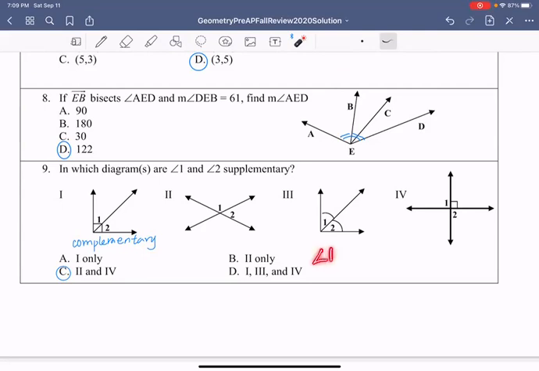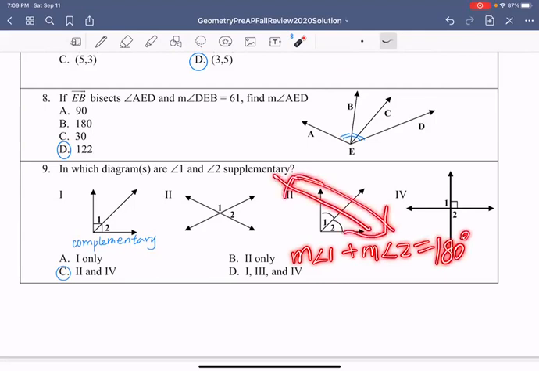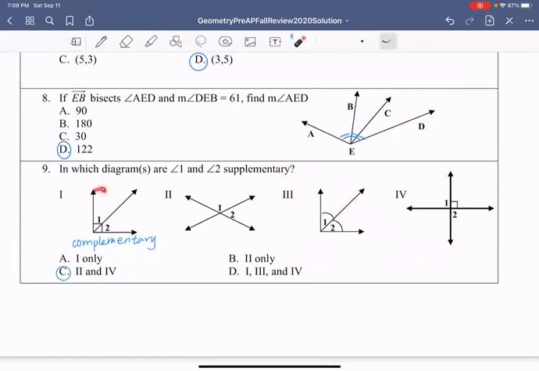It means their summation equals 180. Okay. This is the definition of supplementary. So is this supplementary? No, because there's a 90-degree angle. This is complementary.